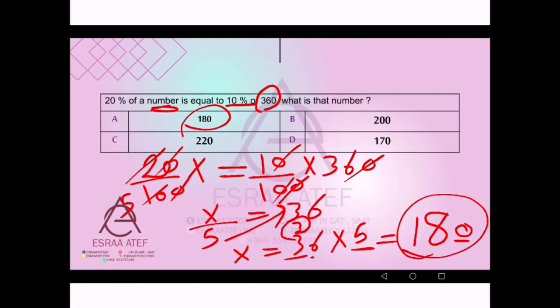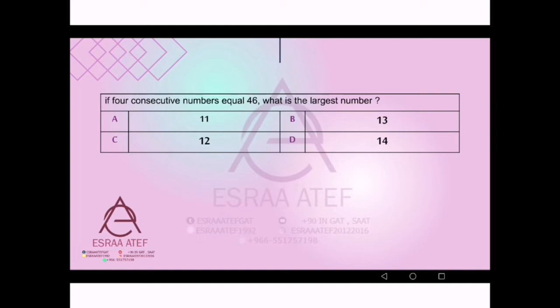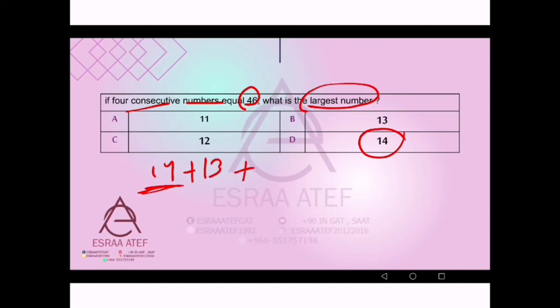Here, if 4 consecutive numbers sum to 46, what is the largest one? Here we will solve it by trying the answers. We will start with the largest number, which is 14. They are consecutive, so it means 14 plus the one before it, 13, then 12 before it, then 11 before it.